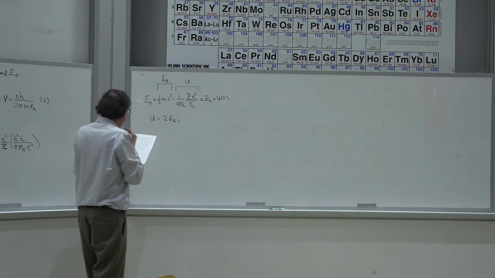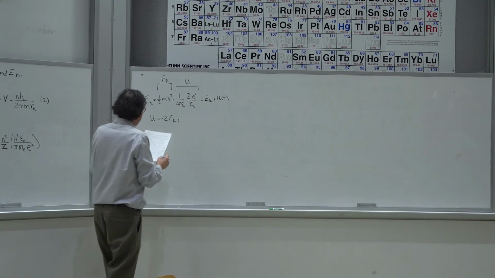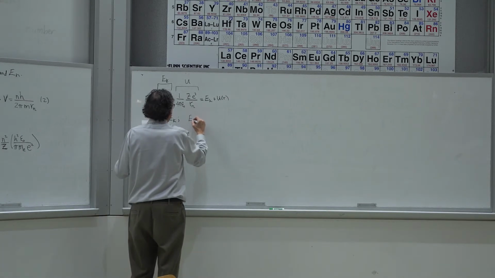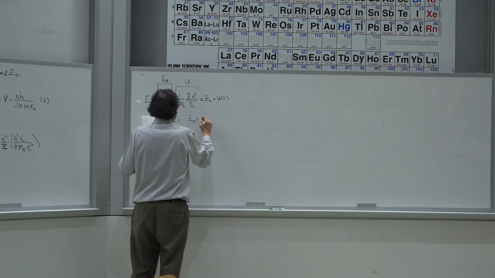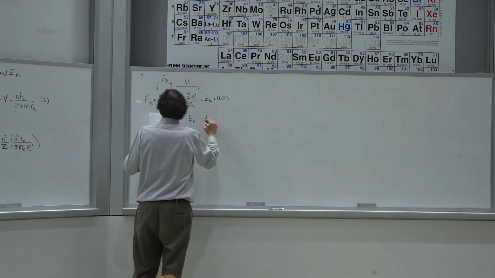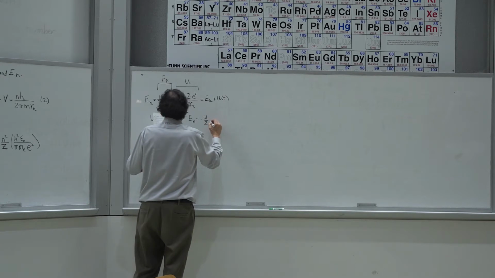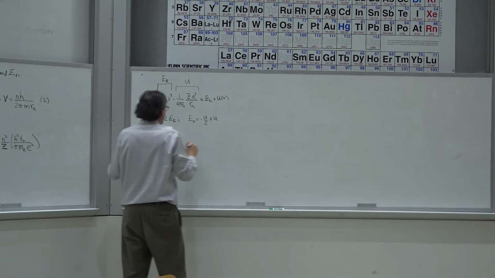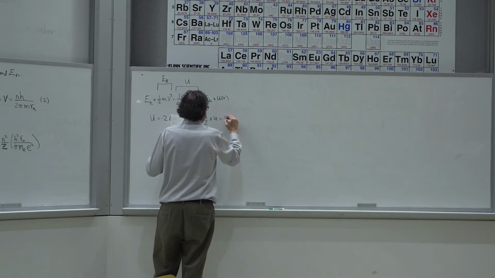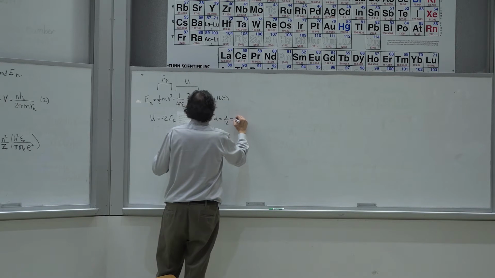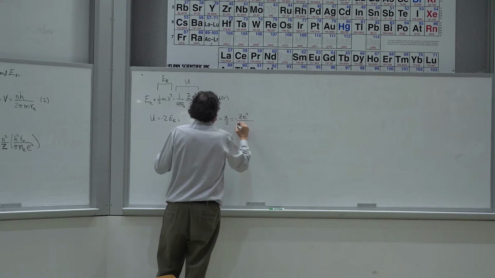Then I can write this as En is equal to minus U over 2 plus U, and notice I dropped the r right now, which is equal to U over 2, which is equal to minus Z times e squared divided by 2 times 4 pi epsilon naught times r sub n.